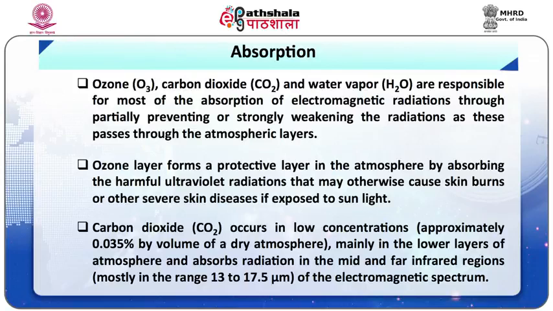Carbon dioxide occurs in low concentrations, approximately 0.035% by volume of dry atmosphere, mainly in the lower layers of the atmosphere. Carbon dioxide effectively absorbs radiation in the mid and far infrared regions of the electromagnetic spectrum.